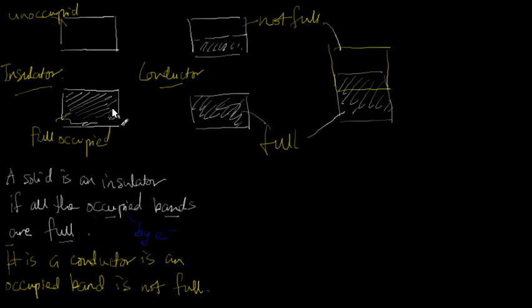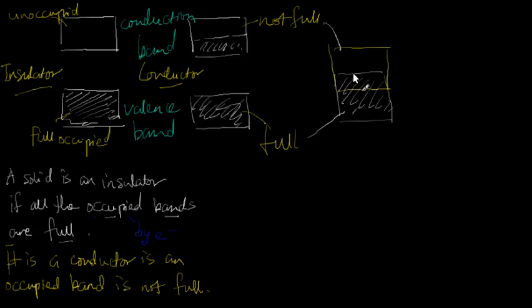Now, for the band below this boundary, the boundary of occupied levels, we call it the valence band. That is the word used to refer to it, and the band above is called the conduction band, and you would use it for all of these cases.